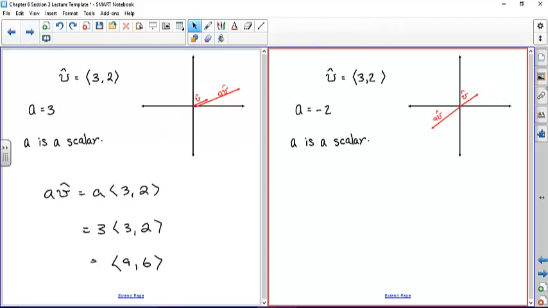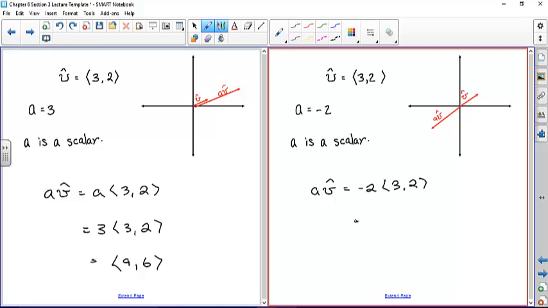Now if I multiply by a negative number, here's the original vector. By multiplying by a negative number, in its standard position, the vector now goes the opposite direction. So one goes up to the right, the other goes down to the left. We have a times v, or negative 2 times (3, 2).